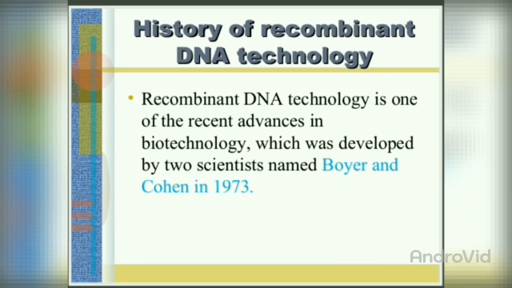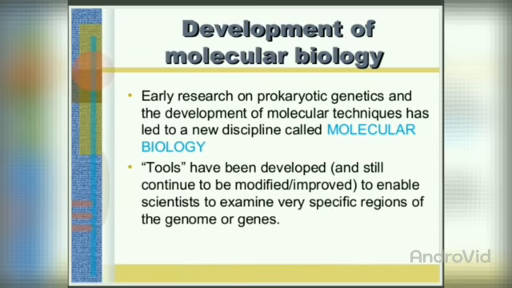Now we will see the history of recombinant DNA technology. Recombinant DNA technology is one of the recent advances in biotechnology, which was developed by two scientists named Boyer and Cohen in 1973. Now we will see the development of molecular biology.